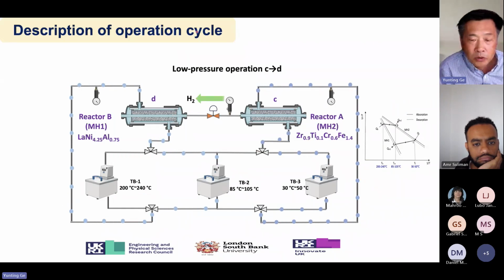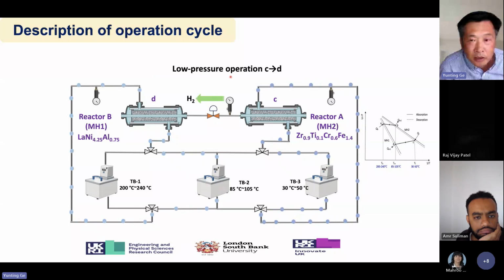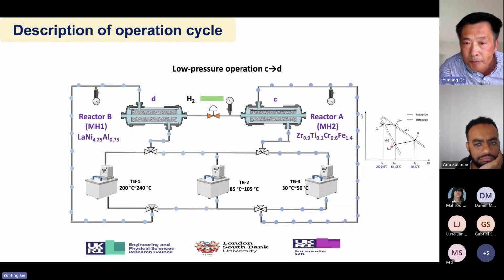I'll show you quickly the operation of this test rig, first the low pressure operation of the metal hydrogen heat pump. This is reactor A, which we call the low temperature reactor, and this is the high temperature reactor. Here you see the low grade heat input from the heat source, the thermostatic bath.